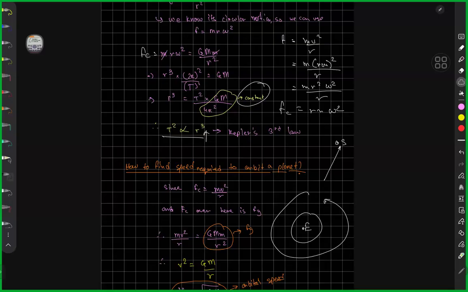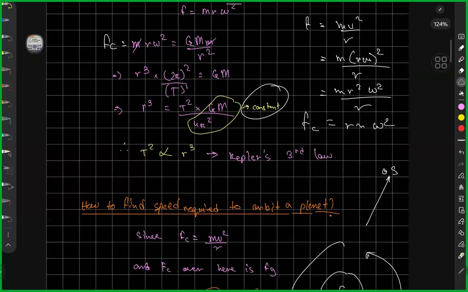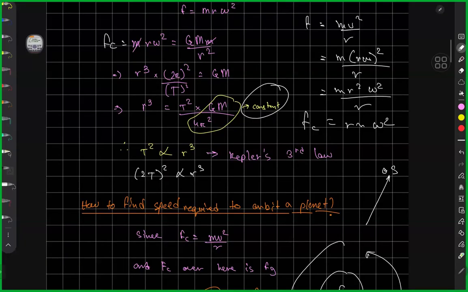And if you want to accurately find out how much, then you use this proportionality. How do you do that? An example would be if I increase the time period by 2 times, so 2t whole squared divided by r cubed, essentially it's now 4t squared over r cubed. So the cube of your separation will be 4 times the initial amount.